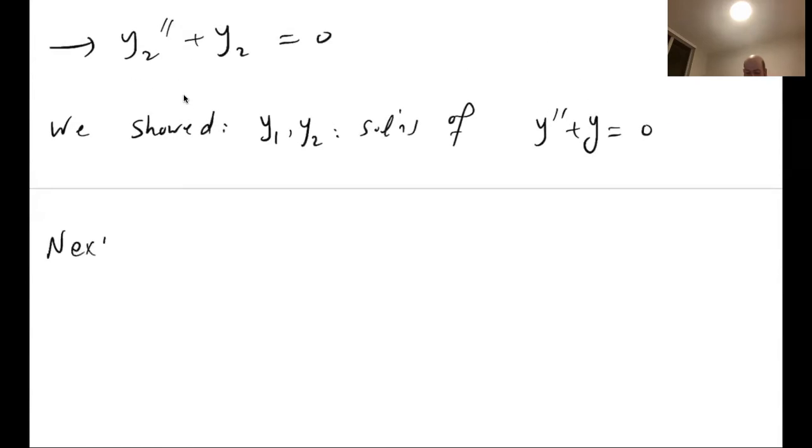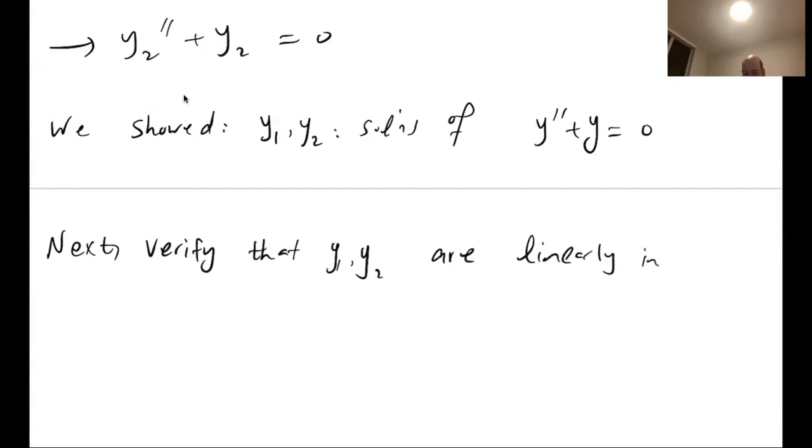Next, verify that y1 and y2 are linearly independent. How can I show that they are linearly independent? I can use the original definition of linear independence, like C1 y1 plus C2 y2 equals 0, and show that C1 and C2 must both be 0. Or I can use the Wronskian.